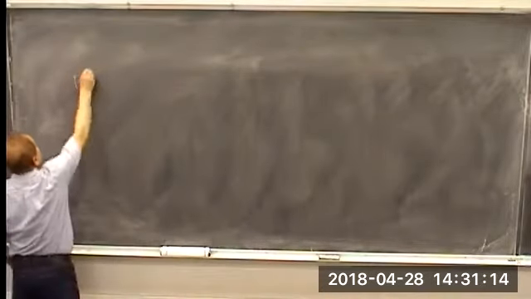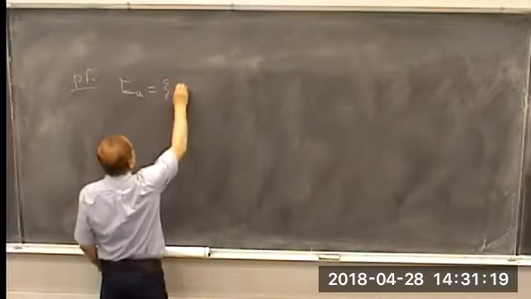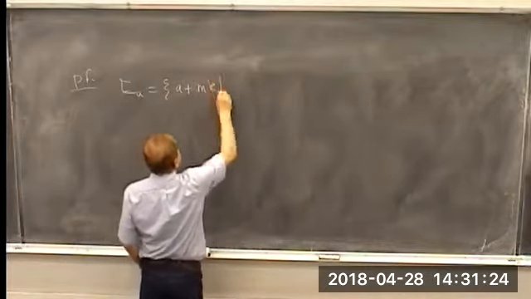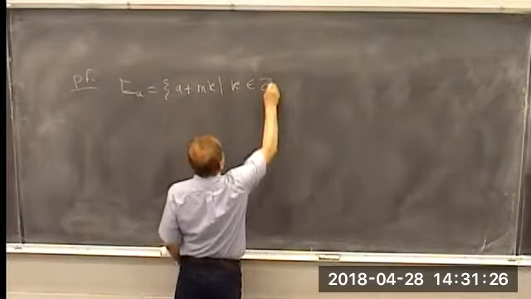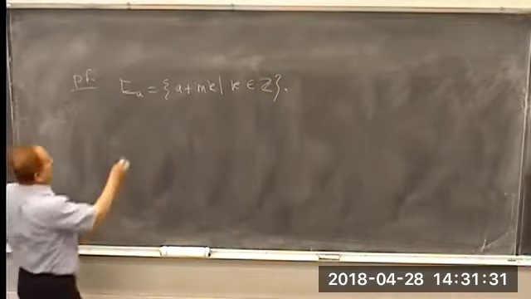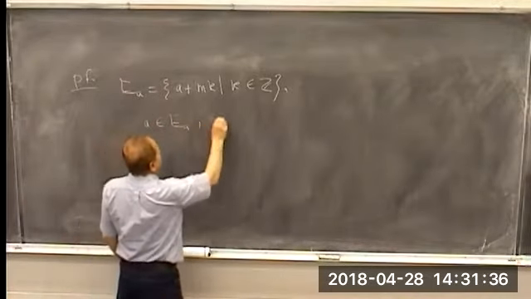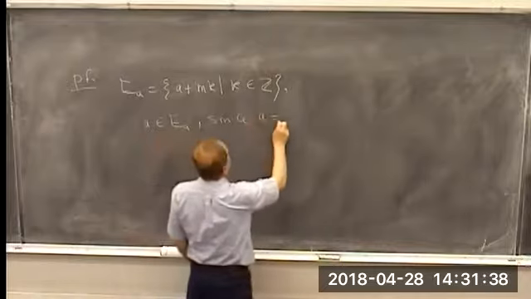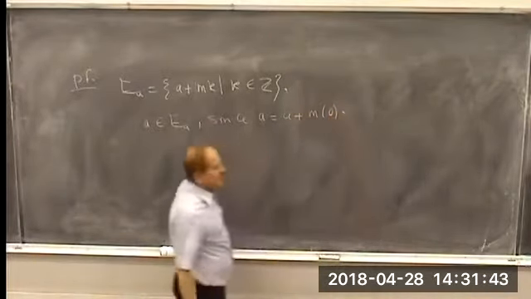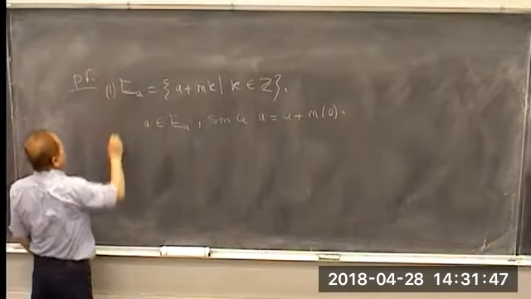E sub A, by definition, is equal to A plus mk, such that k ranges over all the integers. So definitely A belongs to E sub A, since A is equal to A plus m times 0. So k equals 0 gives me the A.